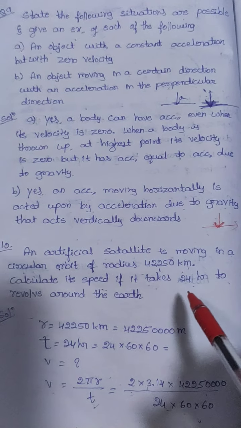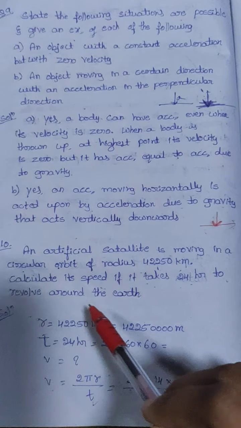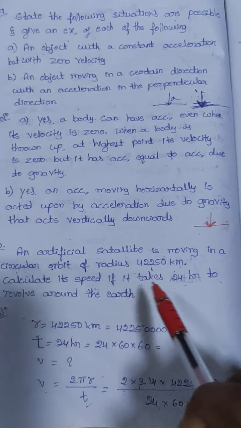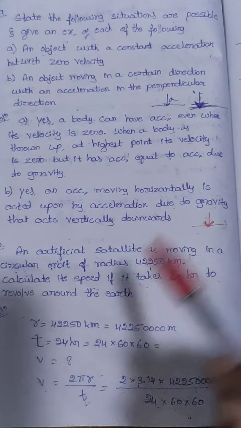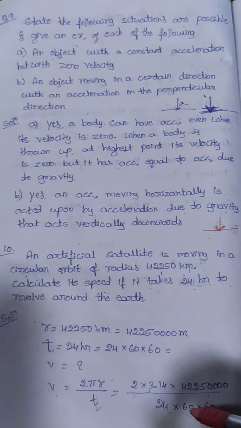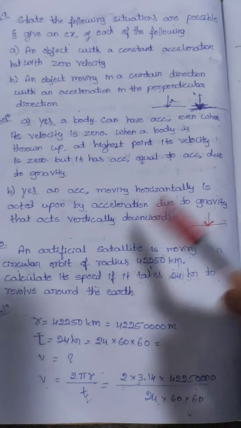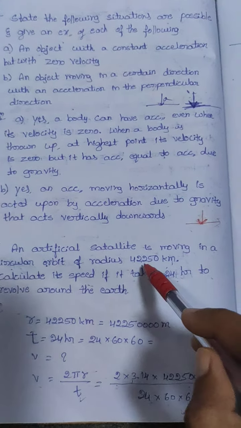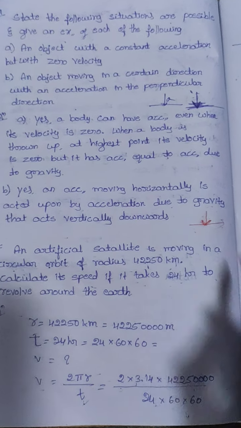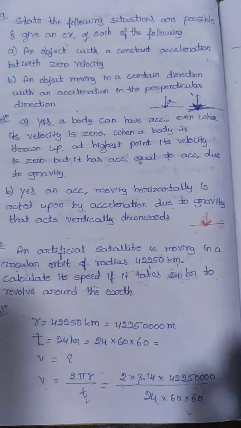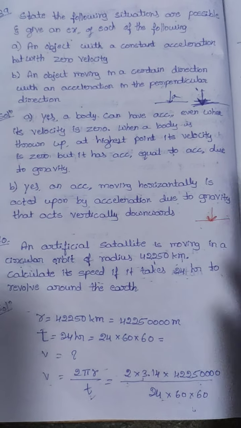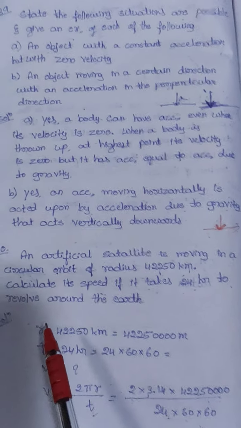In a time of 24 hours, we have to calculate the speed of the orbital satellite.